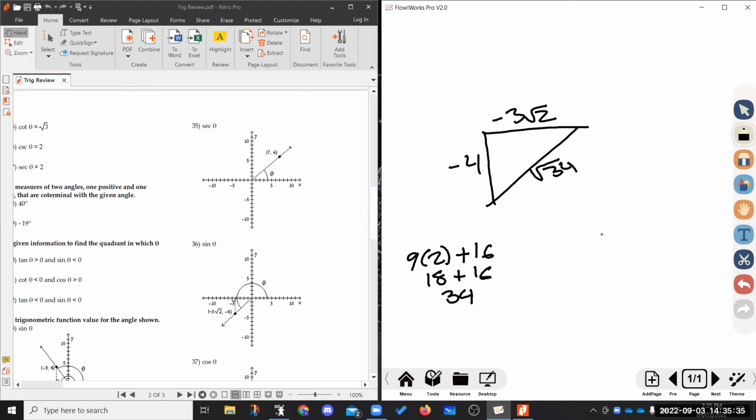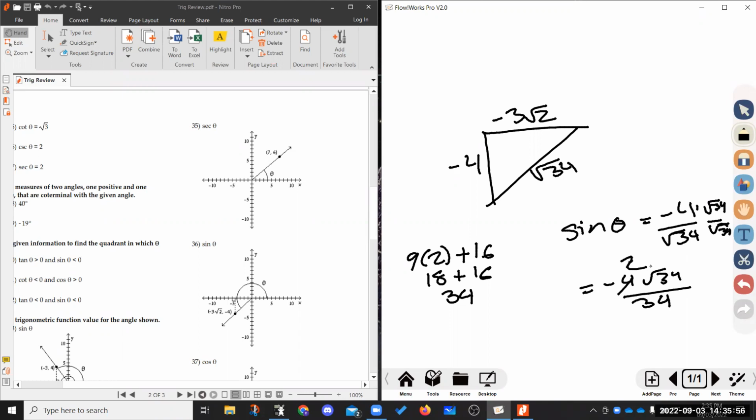And we need the sine of the angle, which is going to be opposite over hypotenuse, which we're going to have to rationalize. It's going to be -4√34/34. This is going to be 2. This is going to be 17. So that's -2√34/17.